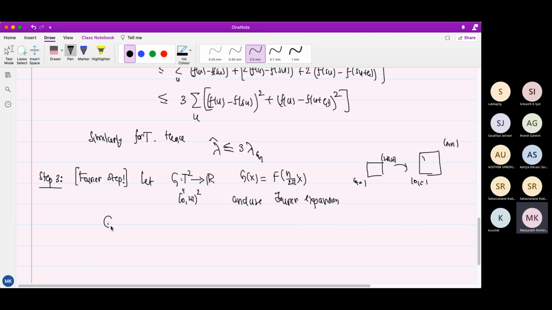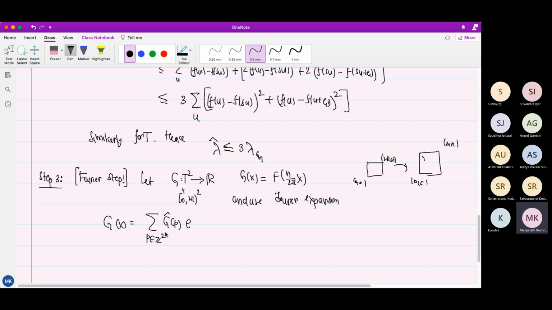So we write g of x as the sum of g hat of p, where now we are doing Fourier analysis in T2. I didn't explicitly state much, but I told you that everything goes through in higher dimensions and so on.